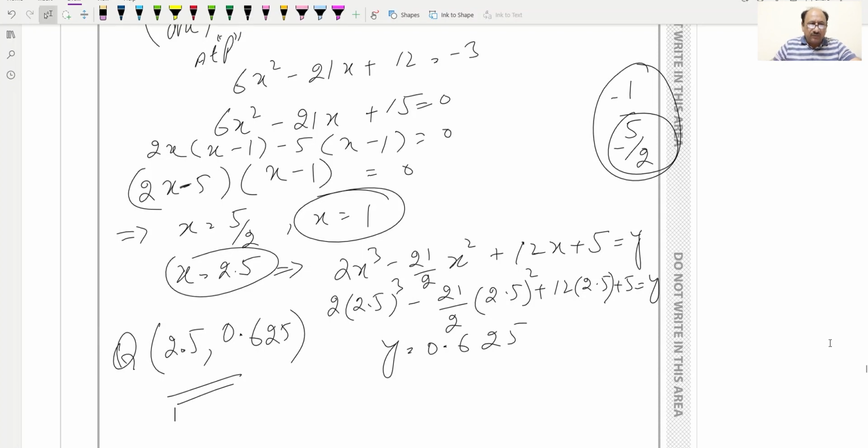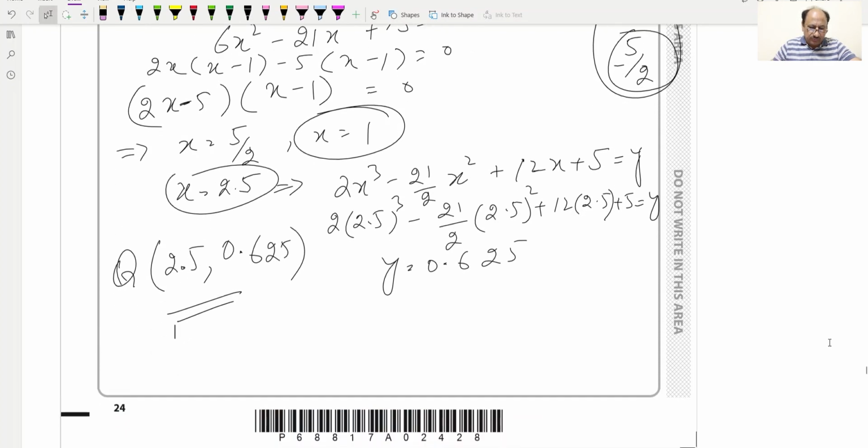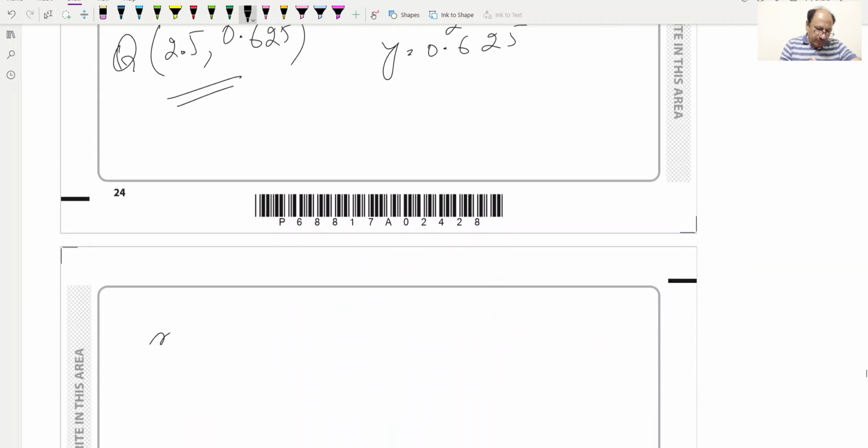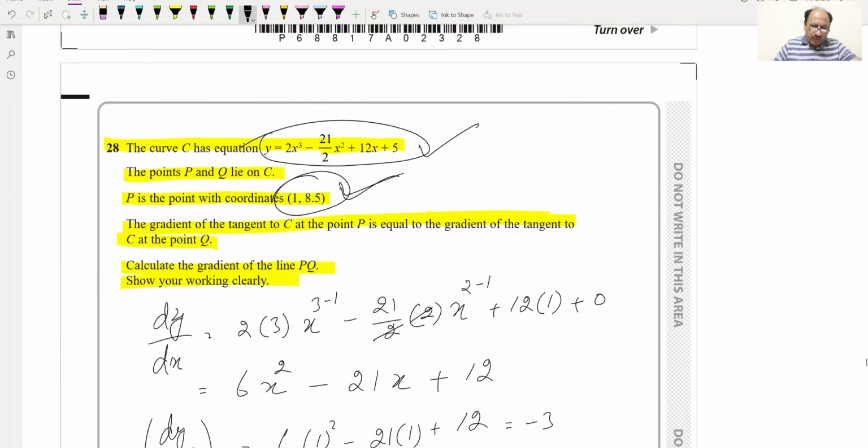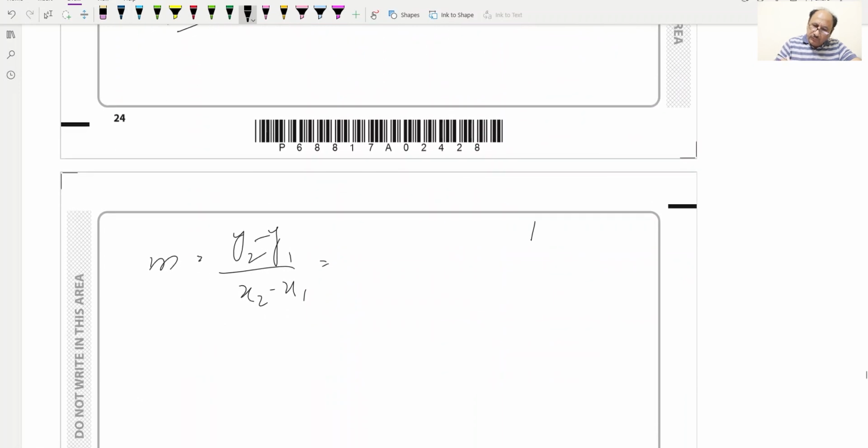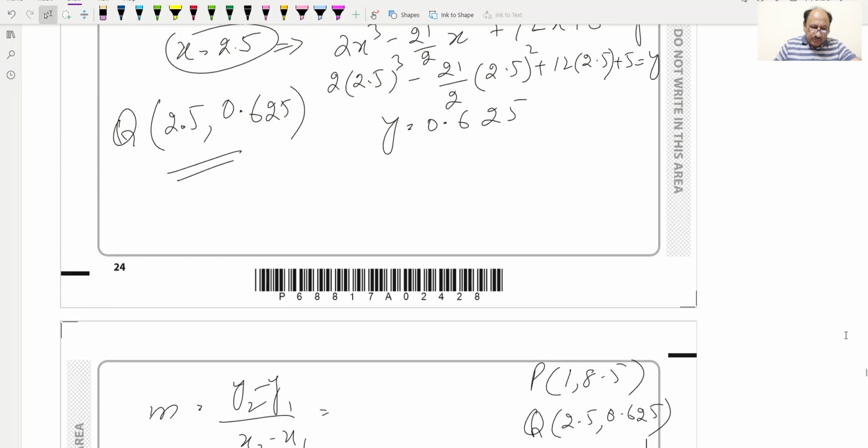Now they are asking for the gradient between P and Q. The m value will be y2 minus y1 over x2 minus x1. The P point is (1, 8.5) and the Q point is (2.5, 0.625).